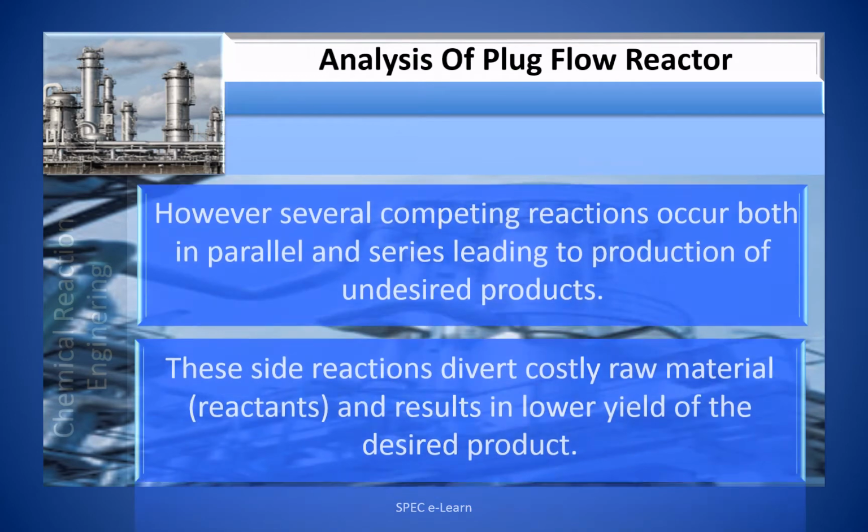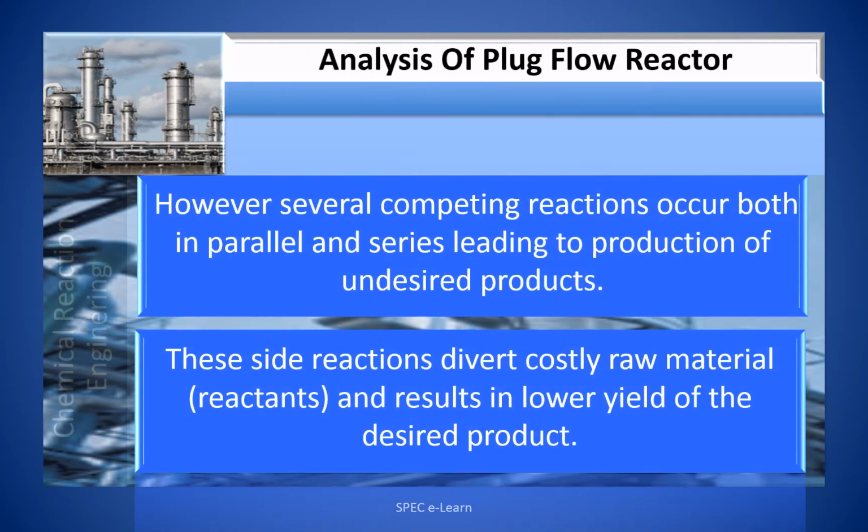However, several competing reactions occur both in parallel and series, leading to production of undesired products. These side reactions divert costly raw material, that is reactants, and result in lower yield of the desired product.